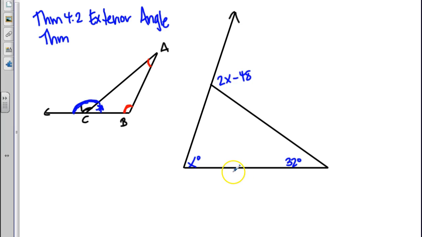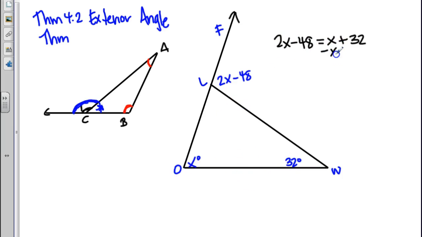We actually want the measure of that angle, FLW, but we have to find x first, so let's do that. All right, so we know that 2x minus 48 plus this angle would be 180, and these two plus this angle would be 180. Therefore, 2x minus 48 is equal to x plus 32. It's equal to the sum of these two remote interior angles.